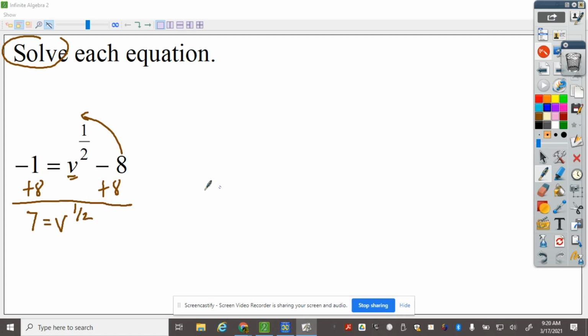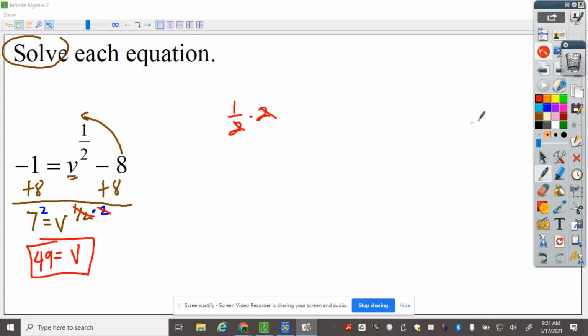To get rid of the 1/2, I need to raise both sides to the second power, because 1/2 times 2 will cancel out and leave me a 1. And 7 squared is going to be 49.